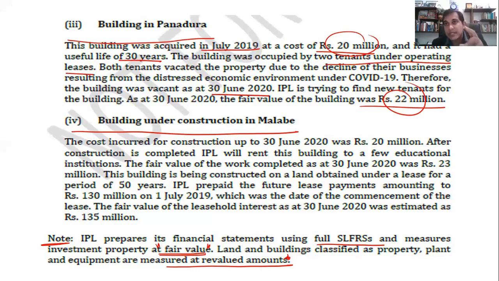Still, their purpose is to give this particular building under rent. So, therefore, still this particular building could be recognized as investment property. Not property, plant and equipment. Investment property. Yeah, we'll write the answer. Then here, the cost is 20 million, fair value is 22 million. So, the difference of 2 million should be charged into P&L. Right? Okay, we'll write the answer quickly.